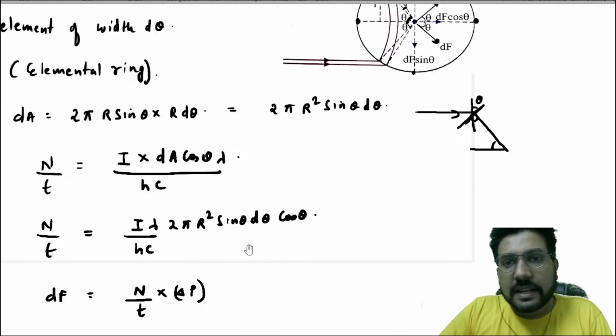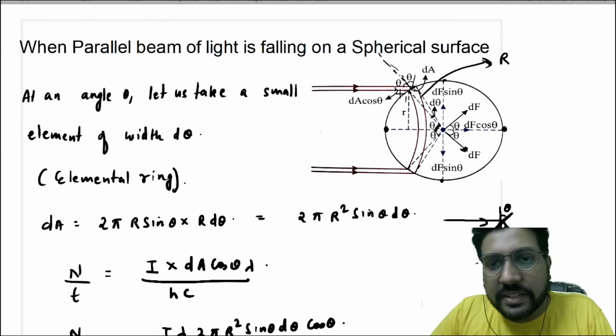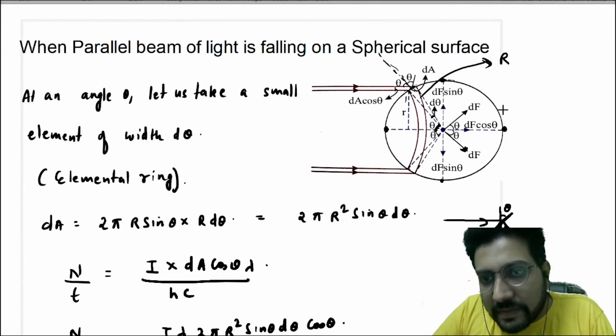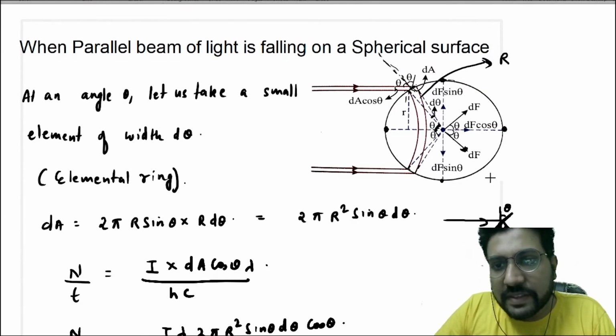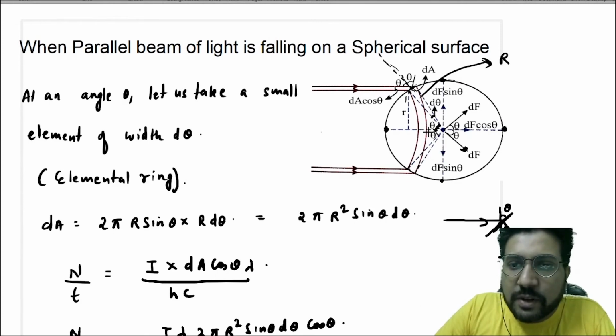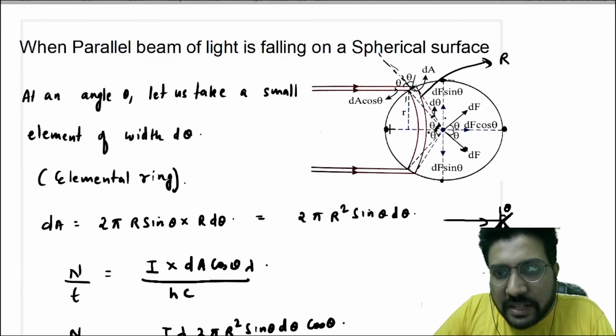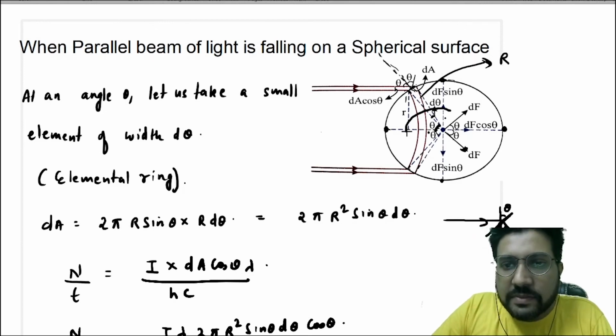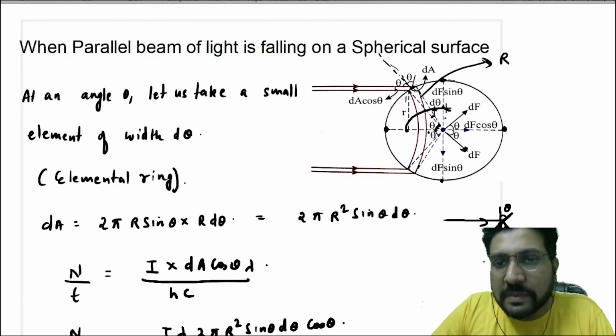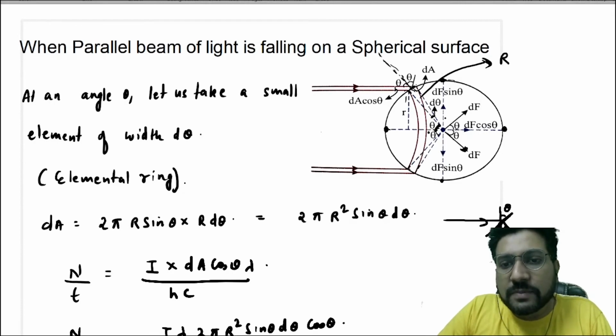Now the light can reach only up to this point. The light cannot strike this side of the surface, right? So we will integrate only from 0 to pi by 2, because we started the measurement from here, and this side was 0 and this is pi by 2.